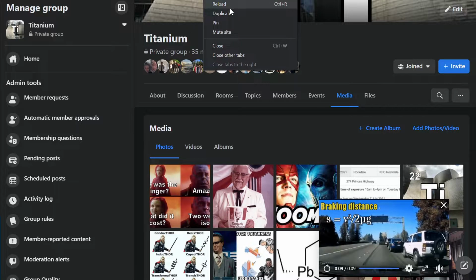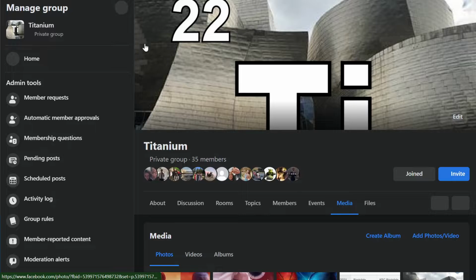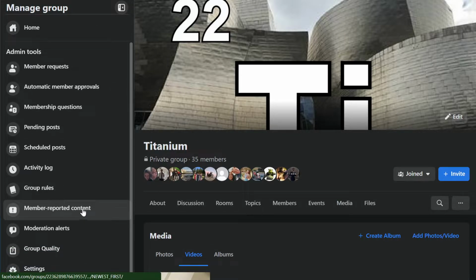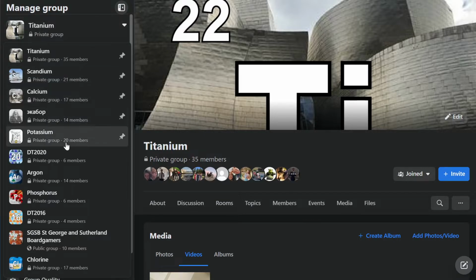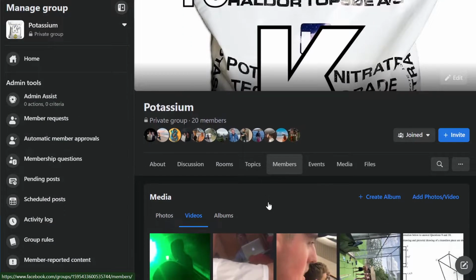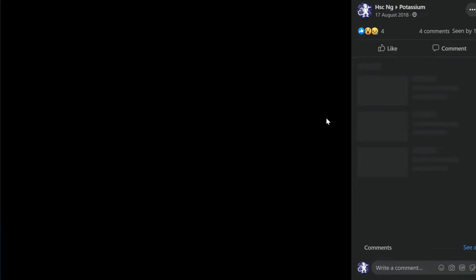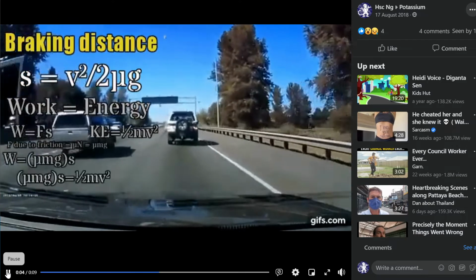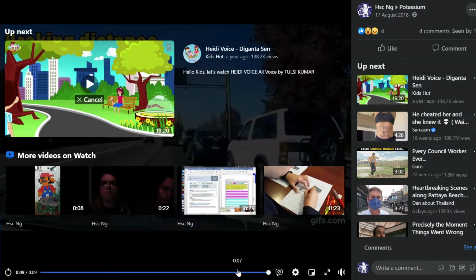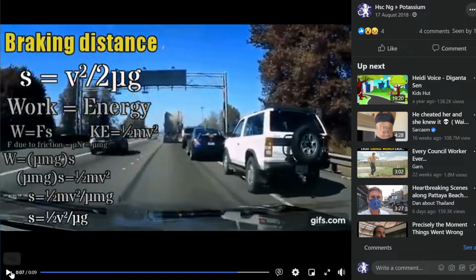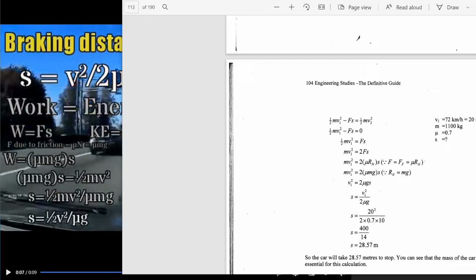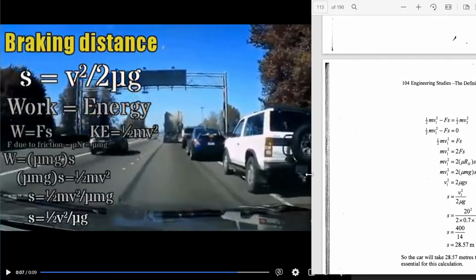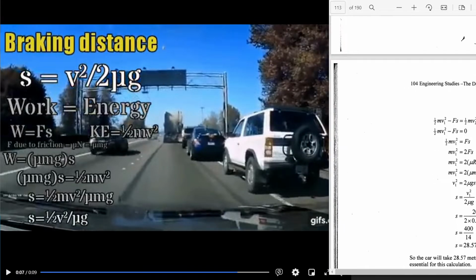Duplicate again, and then go to videos, and then to this potassium. I'll pause it when it gets to the end of the video so it doesn't do some silly autoplay. Okay, that stopped. Cool. Can we see that?